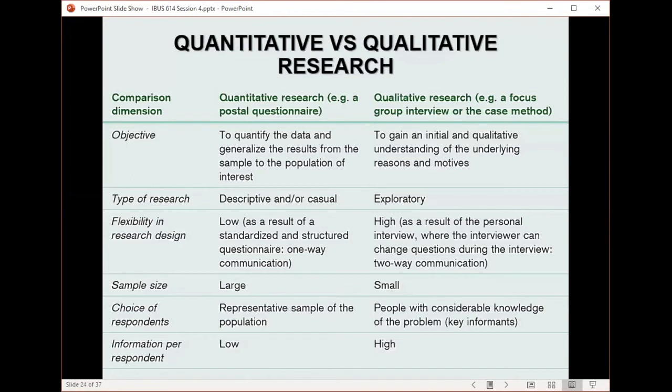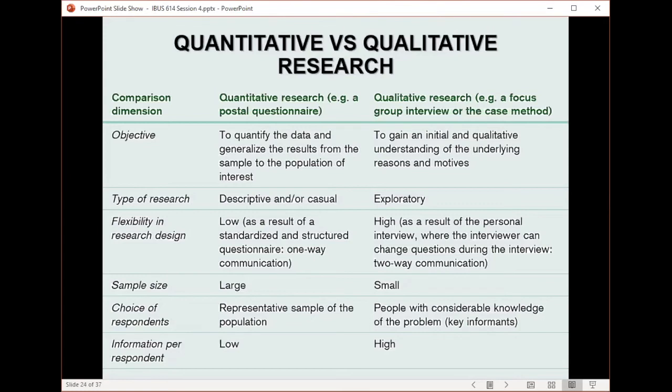Whereas with qualitative research, it's more about gaining initial understanding and underlying reasons and motives. So here they are not seeking a generalization, they are seeking more of an in-depth understanding. And in that case, the numbers are not as large as when it comes to quantitative research, which brings us to the type of research.